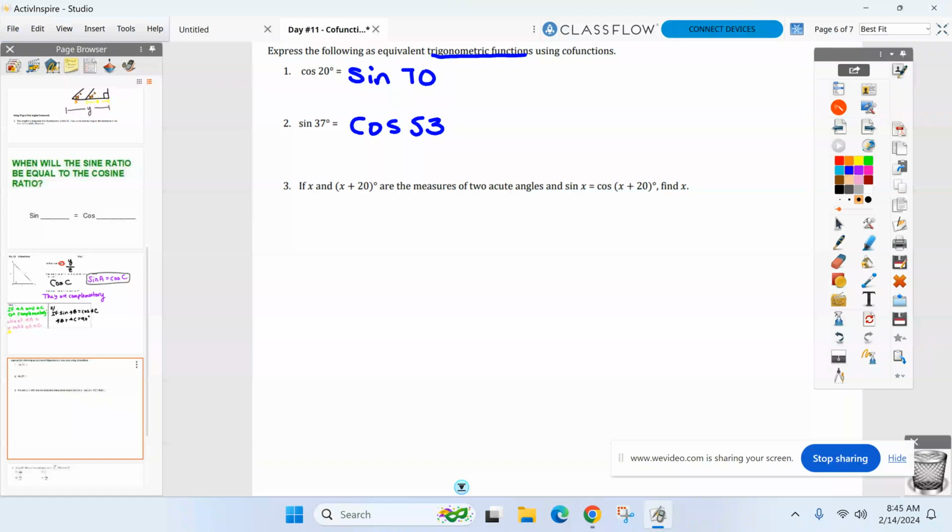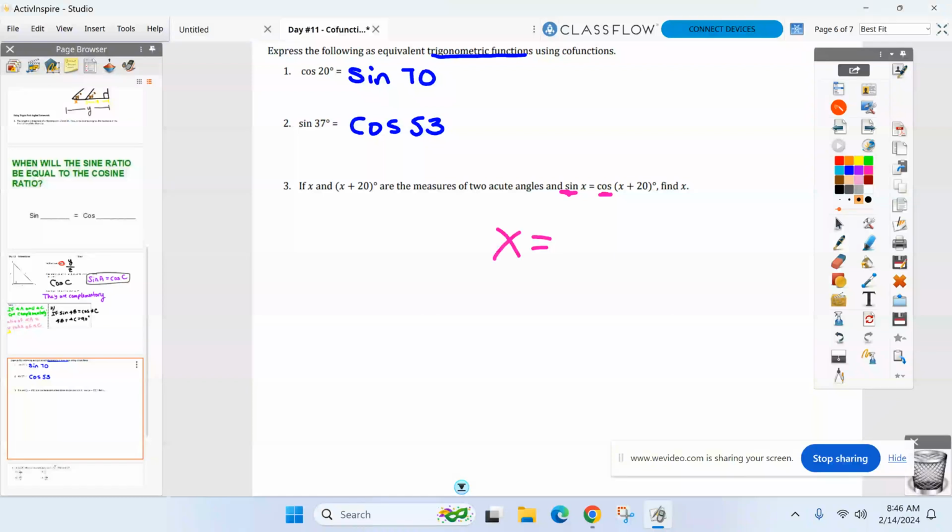All right, now let's flip it. Take a look at number 3. x and x plus 20 are two angle measures that happen to be acute angles. But look what I'm telling you. The sine of angle x is equal to the cosine of x plus 20. Find x. Well, whoa! We just went over this whole discussion. These two are only equal to each other if and only if what happens? These two angles add to 90. Not equal.